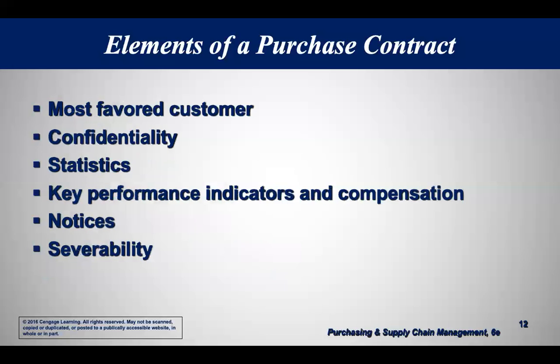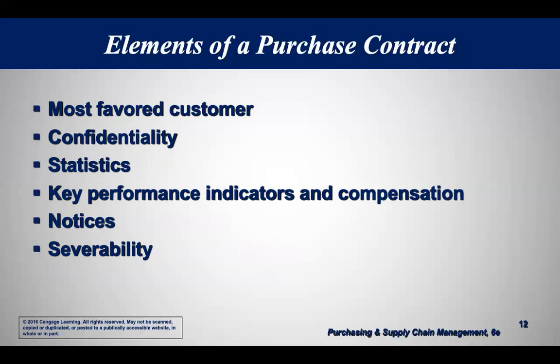Most favored customer. Quite often governments use that clause, because the federal government certainly did a long time ago, and they still do. When you're selling to the government, they insist that you sell to them at the lowest price you charge anybody else.